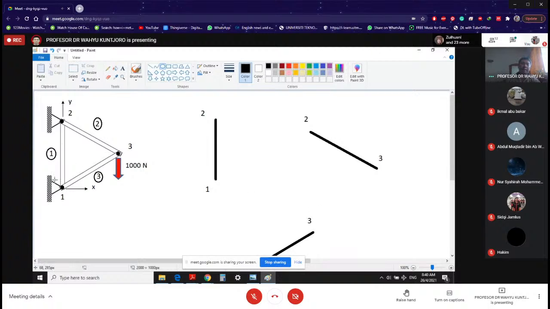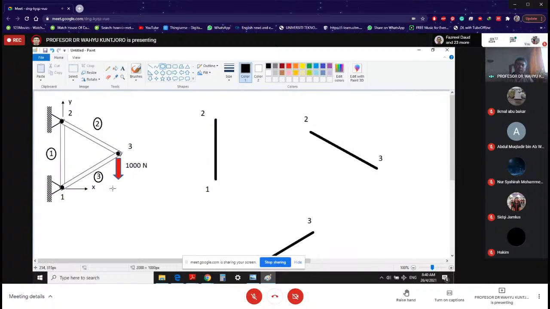In my case, that's node number 1 here at the bottom, node number 2 at the top, and node number 3 is on the right joint. You don't have to do it this way in your finite element model, as long as it's 1, 2, 3, the sequence doesn't matter. And the element number is as given here.